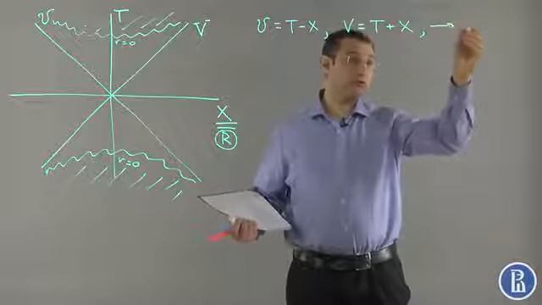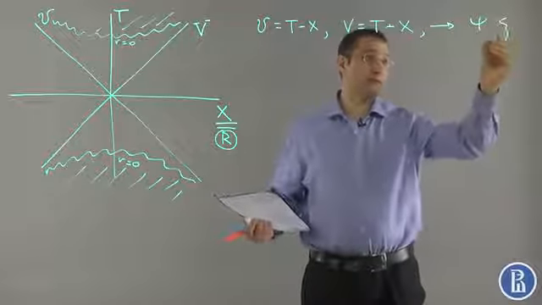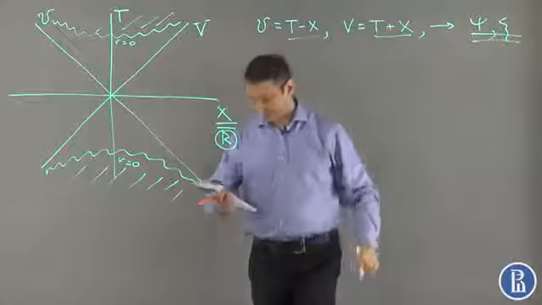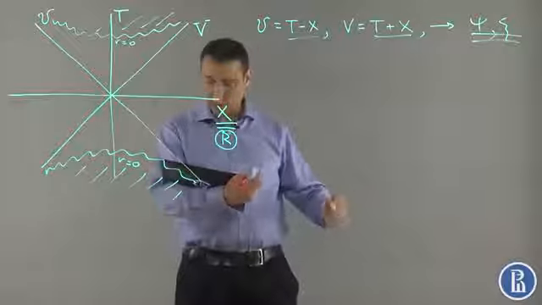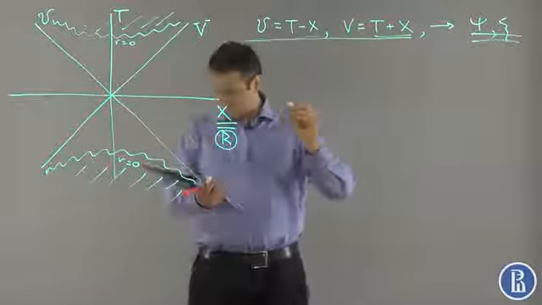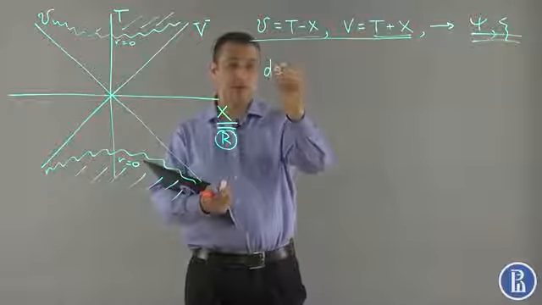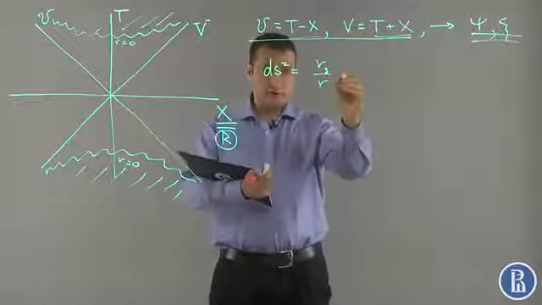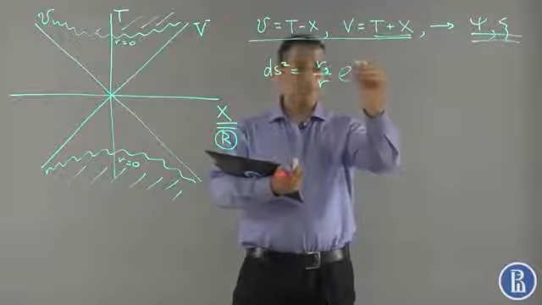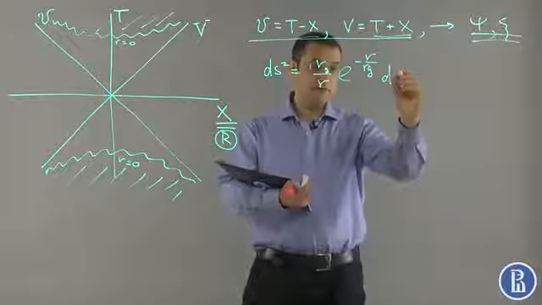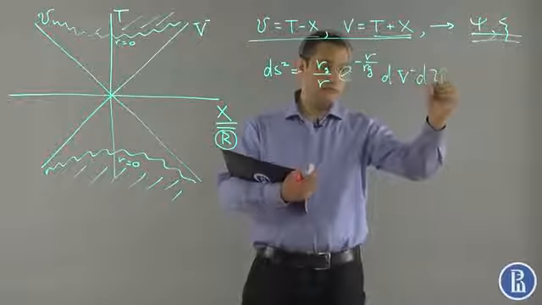Because as you may notice, we are concerned only with the relevant two-dimensional part of this metric, which is just this term, rg dv du.